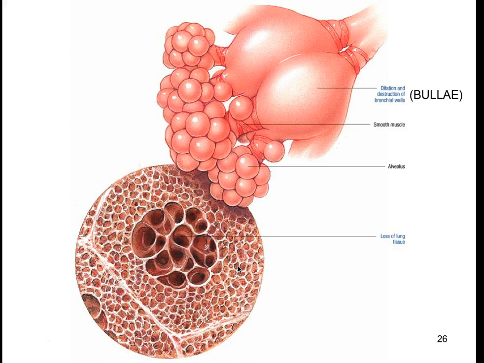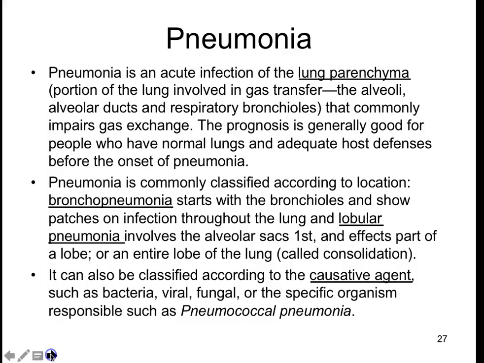And if that is not remedied, then the right side, which is weaker than the left side, will just totally collapse and the person dies. So that is a lot of the pathophysiology of emphysema.